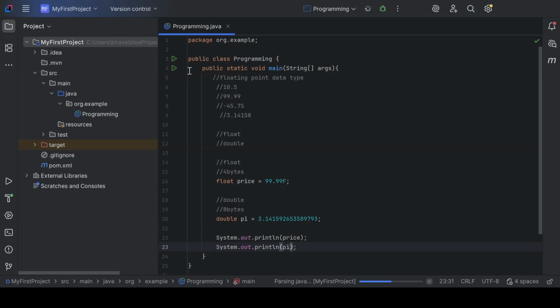And we should use double for most applications because it provides higher precision and better accuracy. In real world Java applications, double is used much more frequently than float.